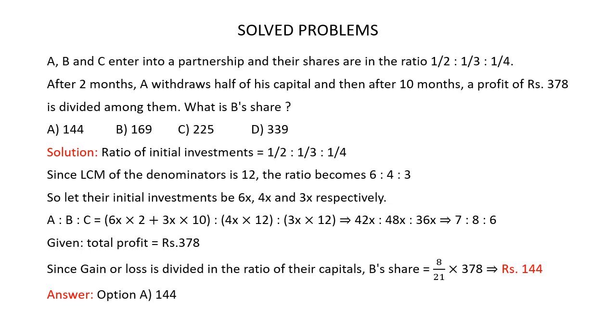Now we do not know the investment of A, B and C, but we know that their investment ratio is 1 by 2 is to 1 by 3 is to 1 by 4. Since the LCM of the denominators 2, 3 and 4 is 12, the ratio becomes 6 is to 4 is to 3. So let their initial investments be 6x, 4x and 3x.